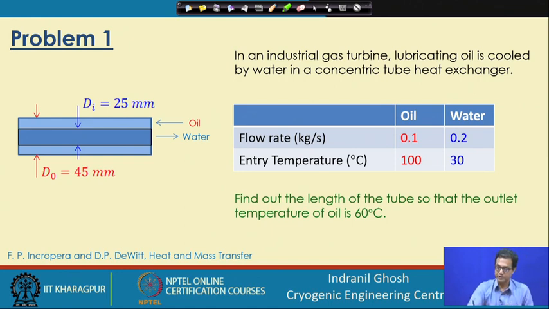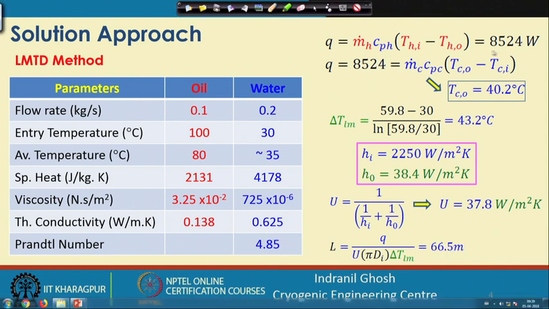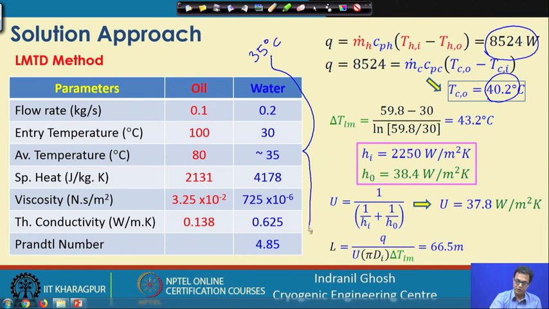So, we tried to estimate the overall amount of heat that is getting transferred. 8524 watt was the amount of heat that was getting transferred, and from there we tried to calculate the cold exit temperature, and thereby we found that our assumption of the average temperature, 35 degrees centigrade, based on which all these fluid properties were evaluated, was correct. The average temperature is coming to be 35.